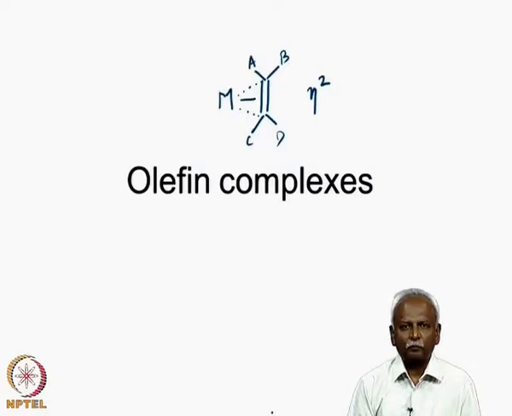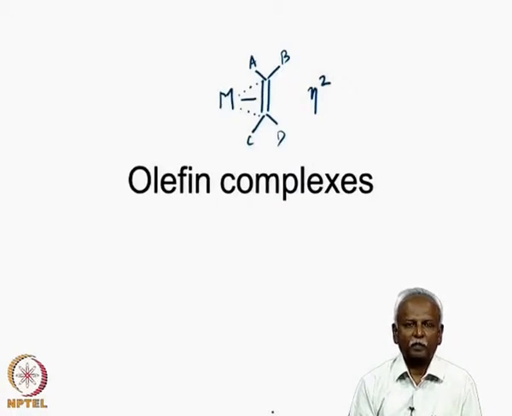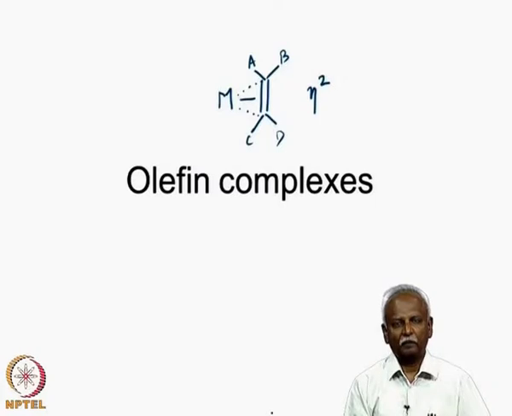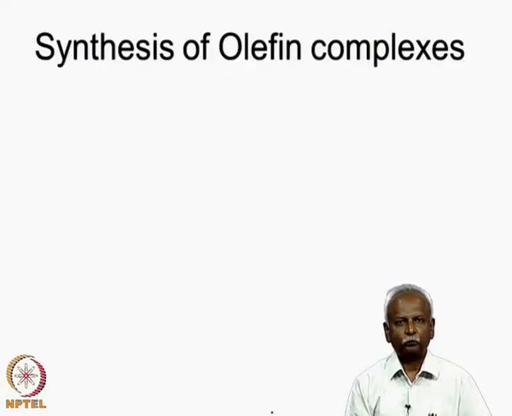So, the type of syntheses that we encounter in metal olefin complexes are very similar to what we encounter in metal carbonyls. So, let us take a look at a few of the synthetic methods, then we will examine a few structures and the bonding pattern in these molecules today.